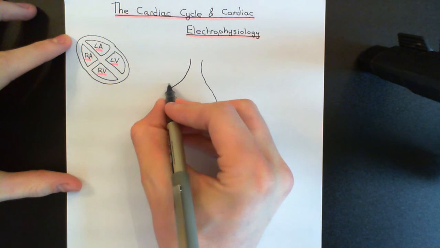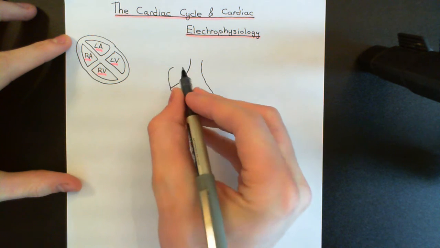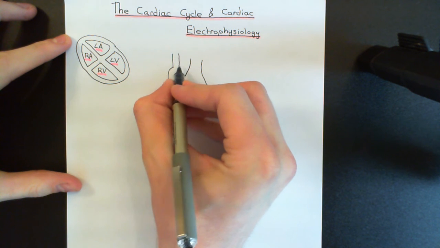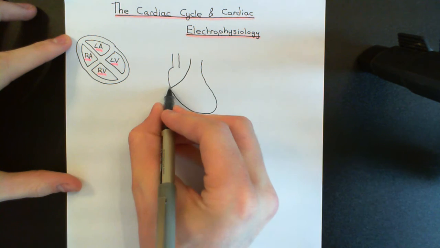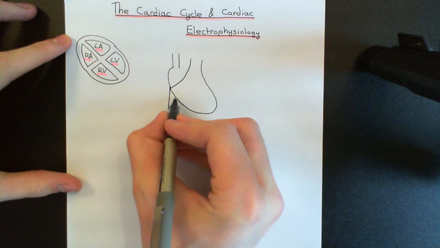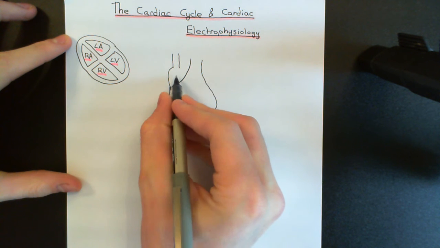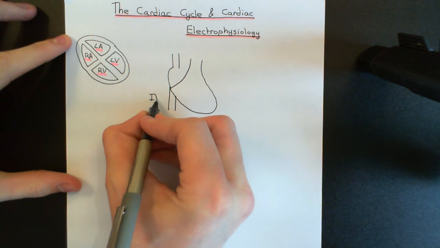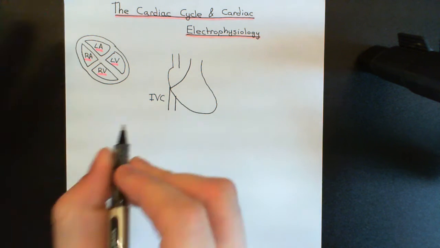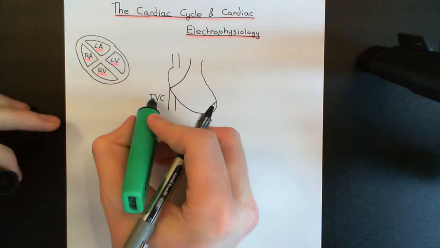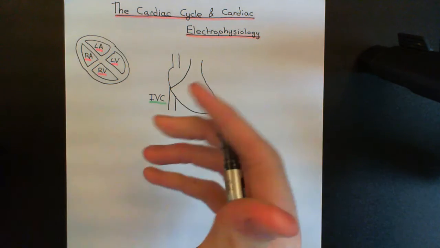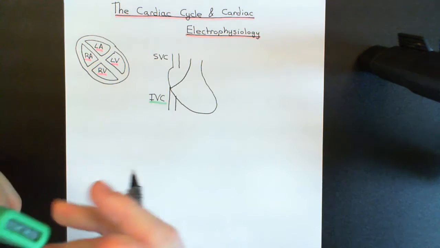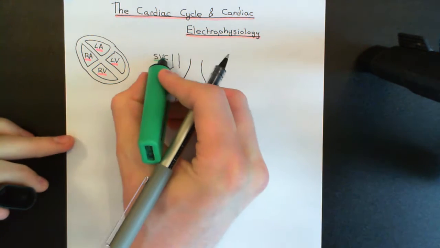Then what we need to put in here is the right atrium, and we'll have the superior vena cava coming down and feeding into the right atrium there, and I'll just add on the inferior vena cava here coming in and feeding into the right atrium here. So this is the inferior vena cava, so we'll label things up as we go. So this is the IVC, inferior vena cava. This here is the superior vena cava, again feeding into the right atrium up there.